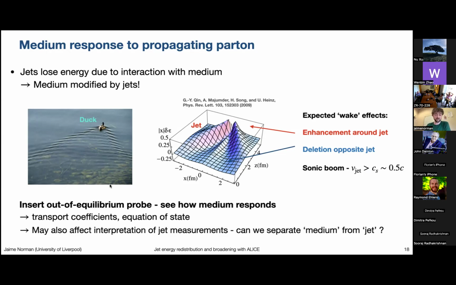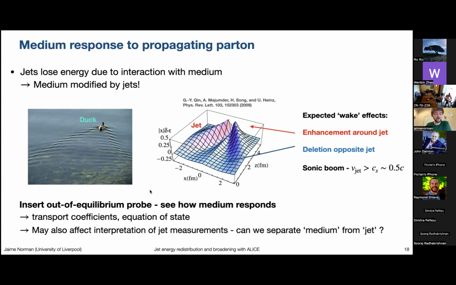And by measuring this wake, seeing how the medium responds, we can aim to measure properties of the Quark-Gluon plasma. If a duck crosses a pond, we can look at the wake to determine properties of the liquid that the duck's traveling through.